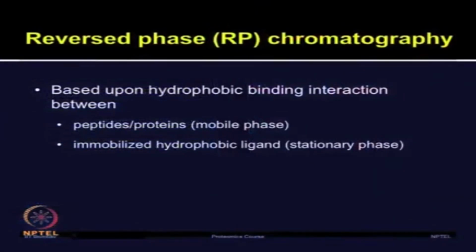So, there are various types of chromatography one can use for different applications. In proteomics, the most commonly used method for peptide fractionation is reverse phase liquid chromatography or RPLC, which separates peptides based upon the hydrophobic binding interaction between the peptides or proteins in the mobile phase and immobilized hydrophobic ligands in the stationary phase.